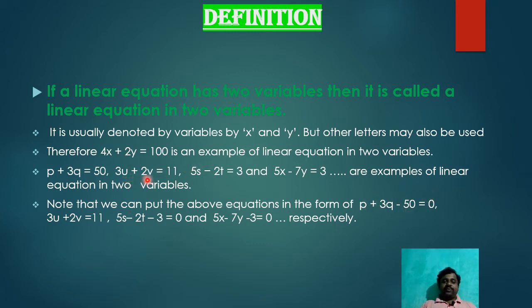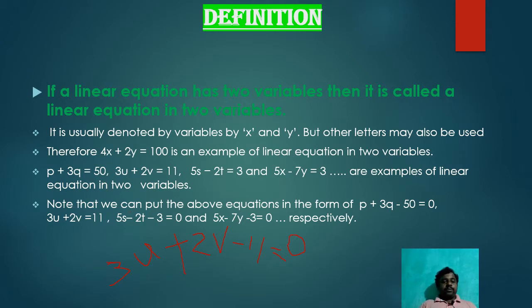Then 3u plus 2v is equal to 11. This is plus 11, so if we write it as 3u plus 2v minus 11 is equal to 0.